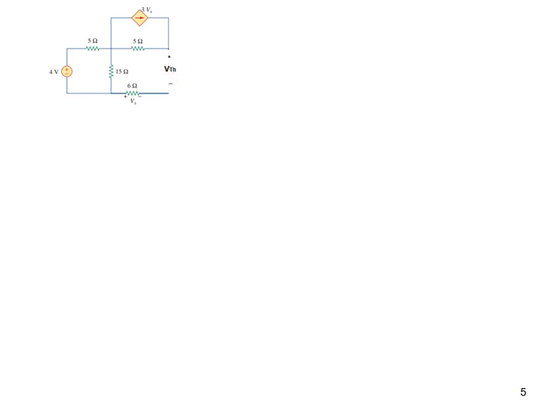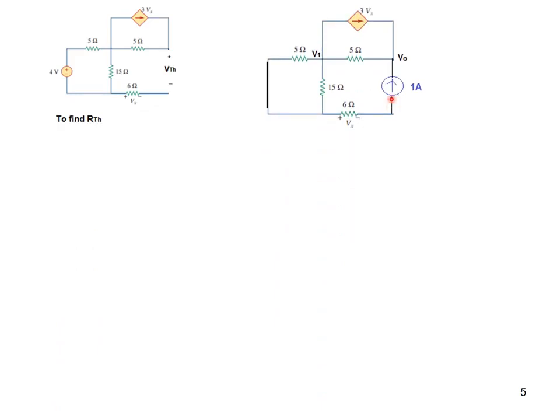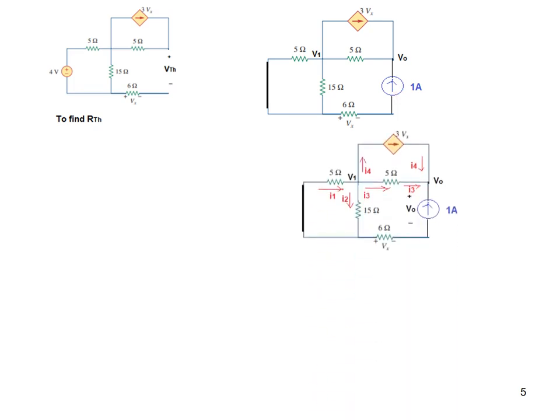Now I'll connect a current source so you have an idea of both. So I've connected a 1 ampere current source, and this voltage source is removed, short-circuited. Since we have connected a current source, we need to find V0, because R Thevenin will be V0 over 1 ampere.